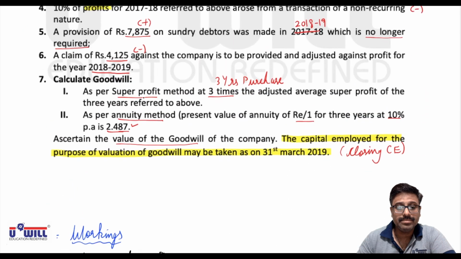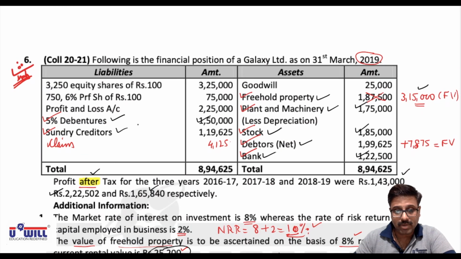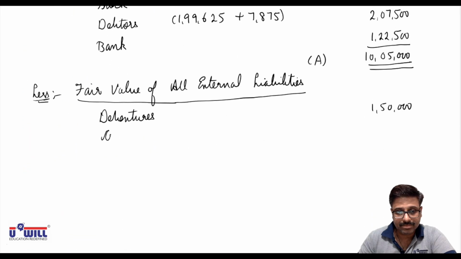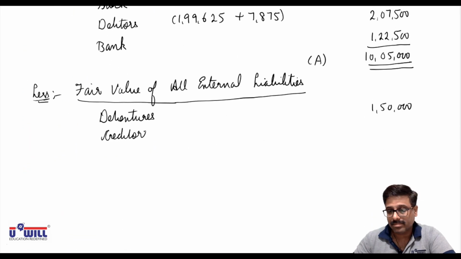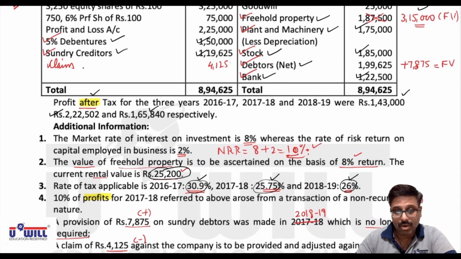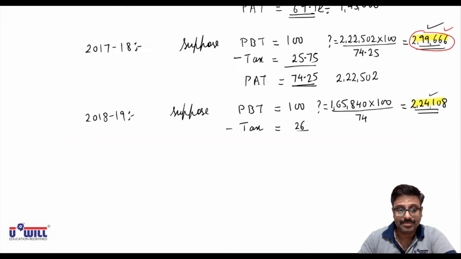Then sundry creditors 119,625, and after sundry creditors, claim of 4125.